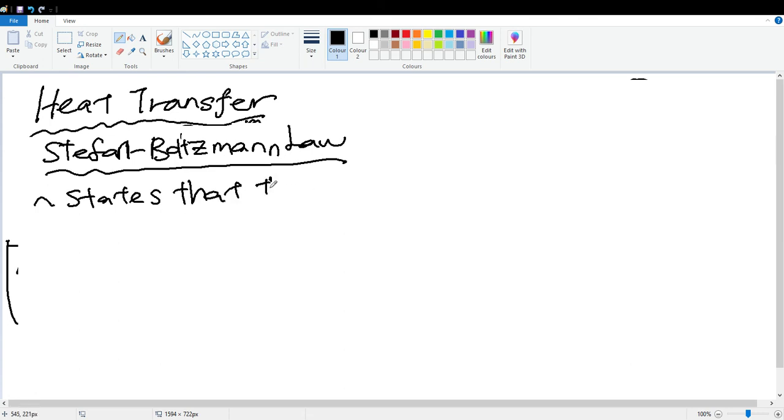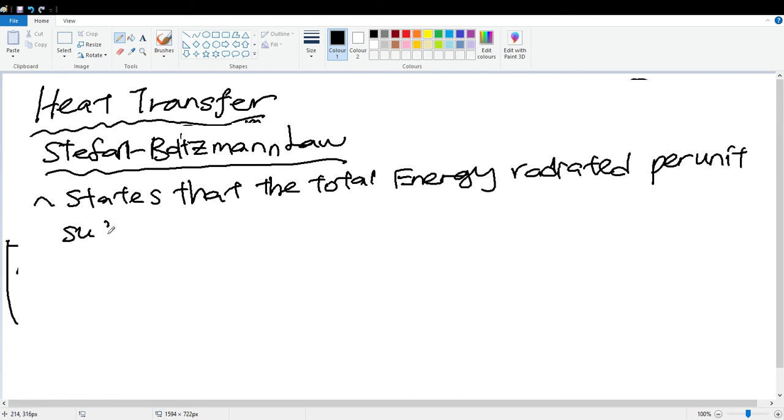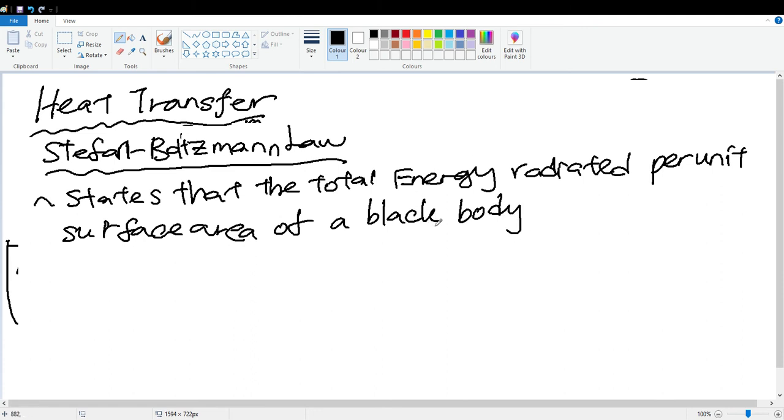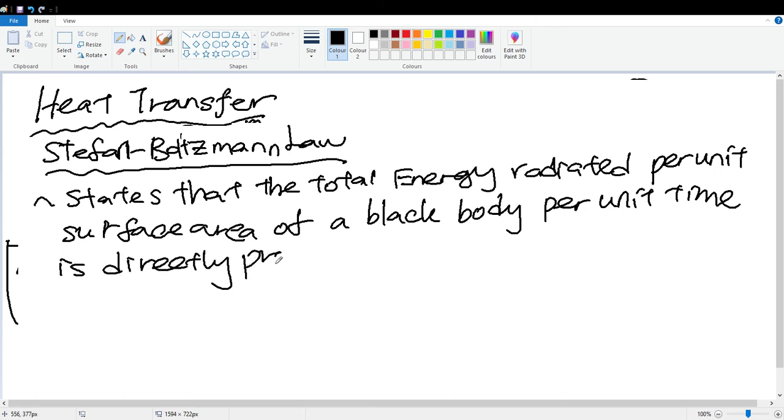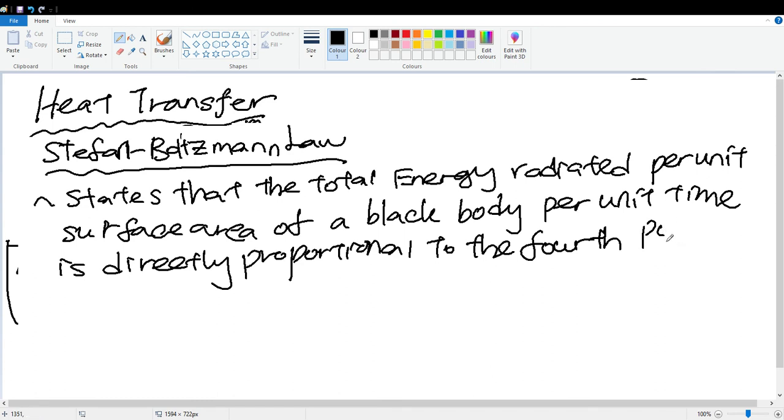the total energy radiated per unit surface area of a black body per unit time is directly proportional to the fourth power of the black body's absolute temperature.